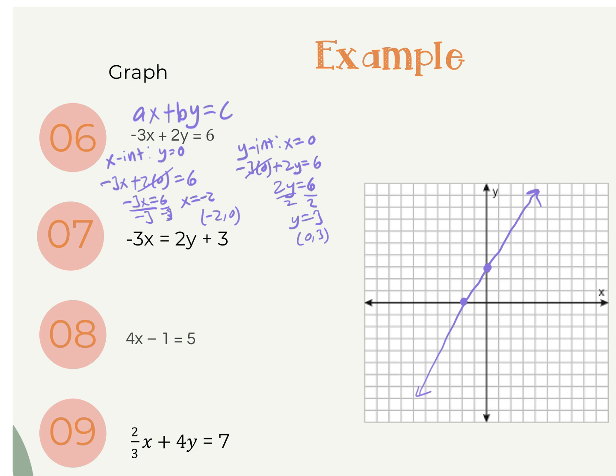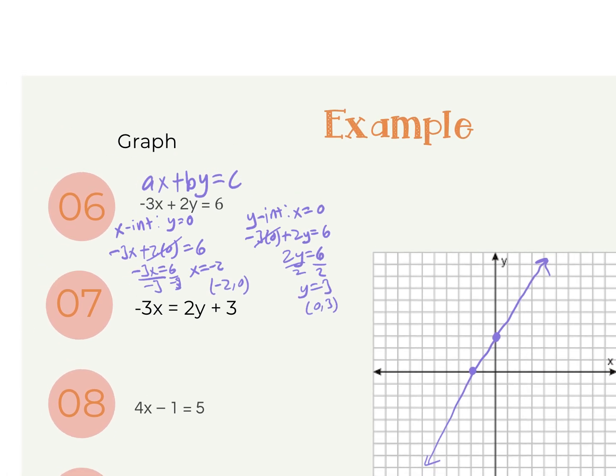The other way that you can do it is just to convert it to slope-intercept form. If you're comfortable with the intercepts, you don't have to write this down, but if you would like, I'm just going to rewrite the equation up top and show you how you would do it by converting to slope-intercept form. To convert, we want the y by itself, and right now it's not.